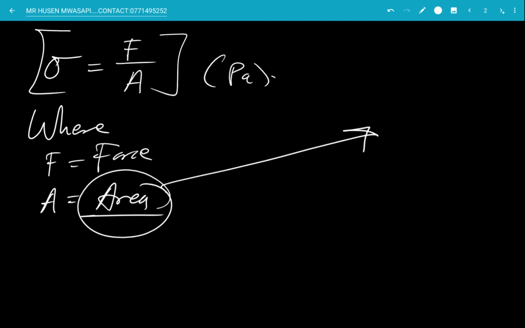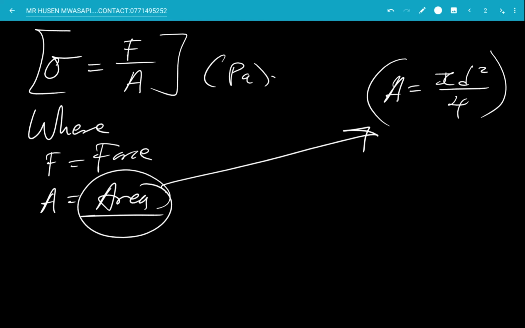If the material in consideration is cylindrical, or say you are considering the area of a circle, then you take the area to be equal to pi d squared over 4. So this is the area of a circle.